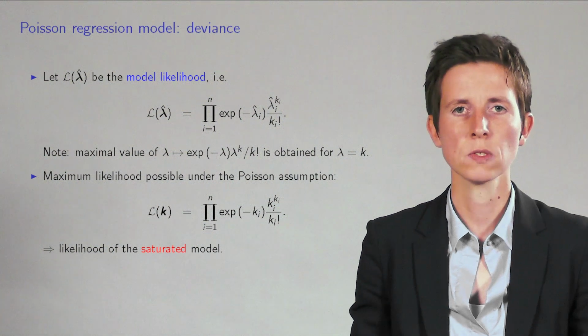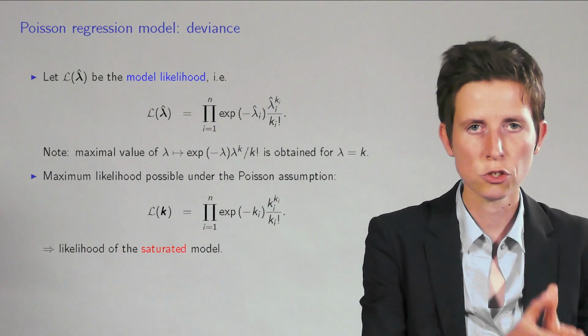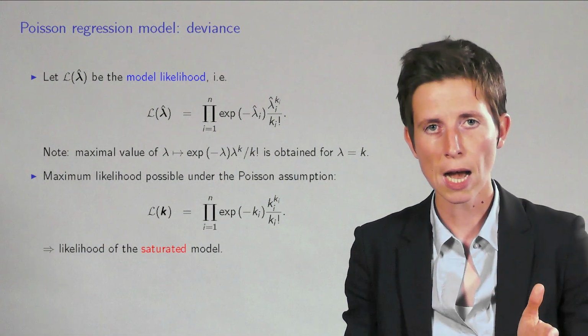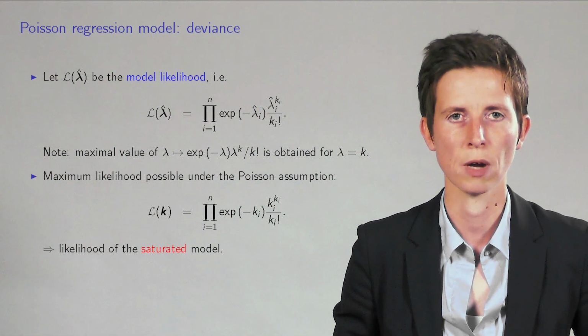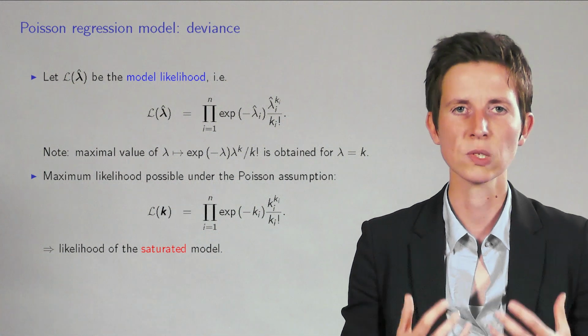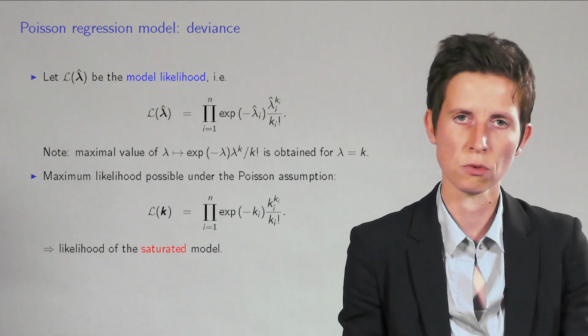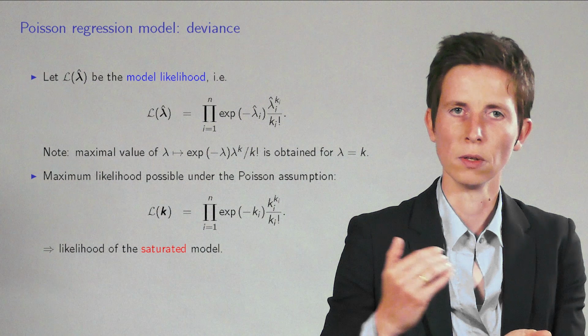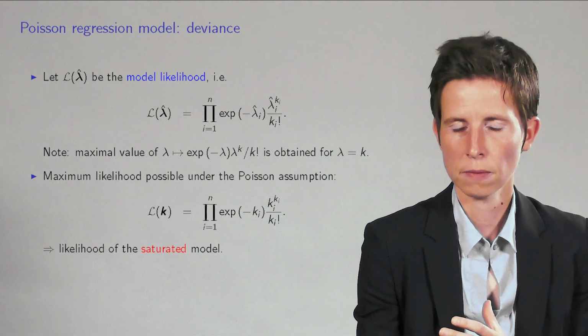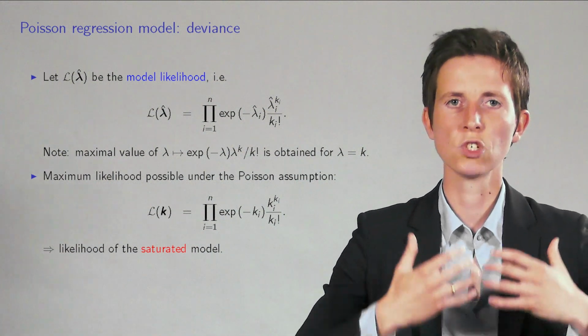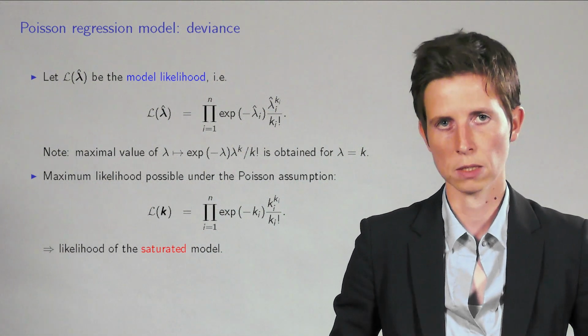And this is obtained by replacing each lambda i with k_i, where k_i is the number of claims reported by policyholder i. We call this likelihood the saturated or full model likelihood. This is a model that is not explaining the data. It is a full model which is just replicating the data.